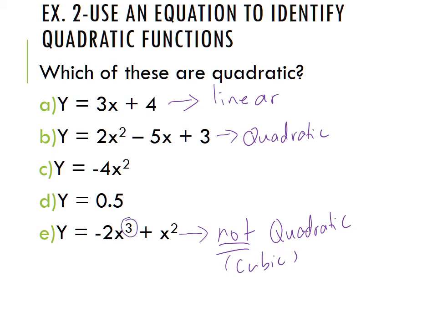So our definition of what makes something quadratic is not only does it have to have x squared, but x squared has to be the highest exponent. So this is important.